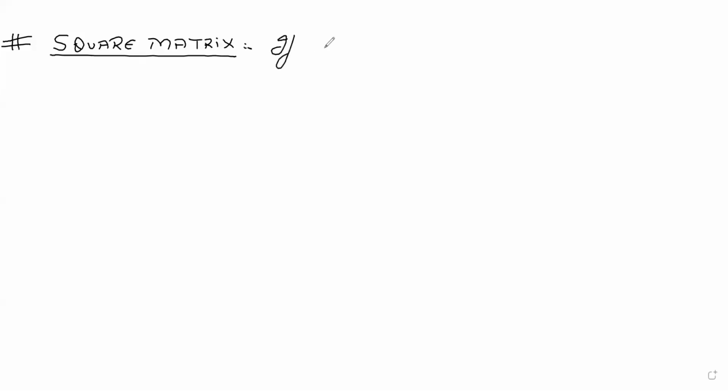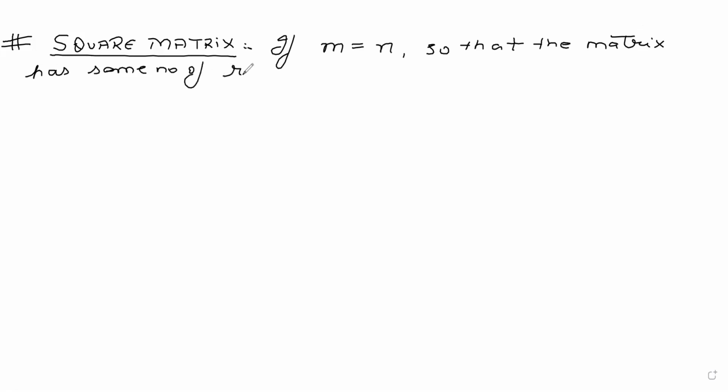So if my M is exactly equal to N, if number of rows and number of columns are exactly equal, so that the matrix has the same number of rows and columns, it is called a square matrix.